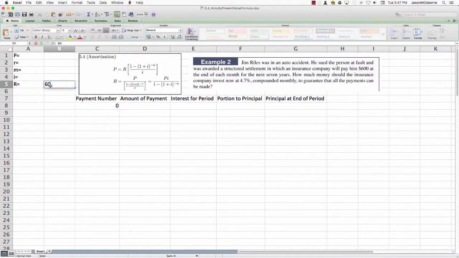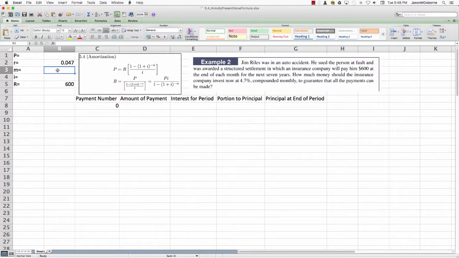So R is the $600 that the insurance company is going to have to pay every month. The rate is 0.047. This is the 4.7% annual interest, because the way this insurance company is going to raise money is they're going to set aside some money and then put it away in an account that earns 4.7% interest.